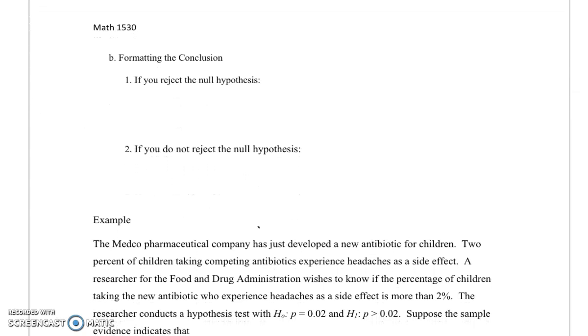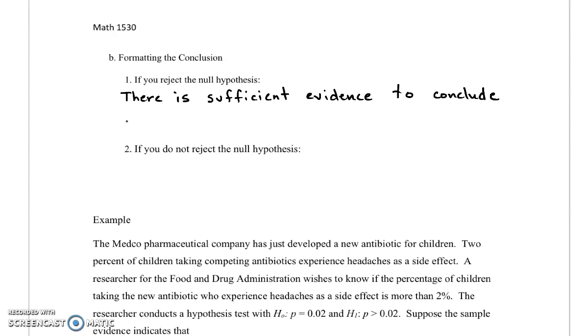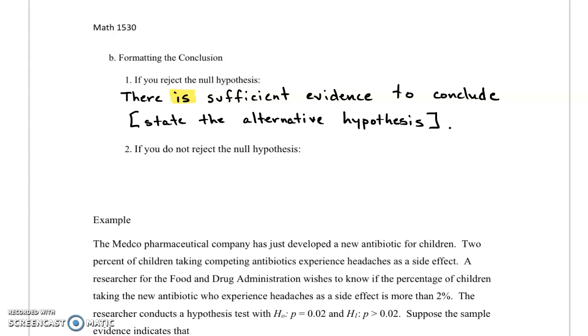So how do we format the conclusion? If we reject the null hypothesis, there is sufficient evidence to conclude, and then we state the alternative hypothesis. Okay?